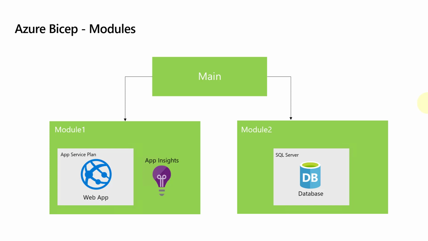All that flexibility is built into Bicep. Let's head over to Visual Studio Code and understand how to create the main module and call the sub-modules from the main module.